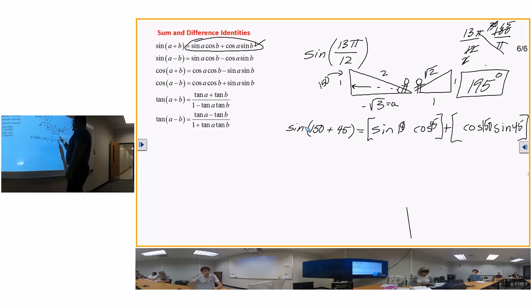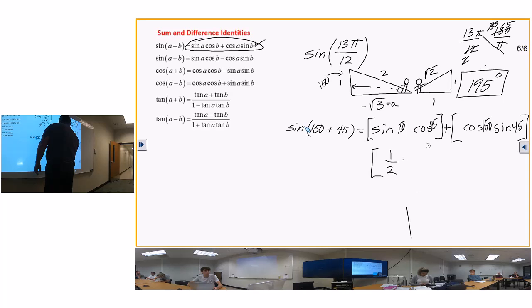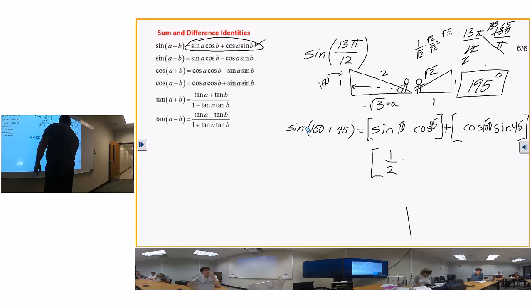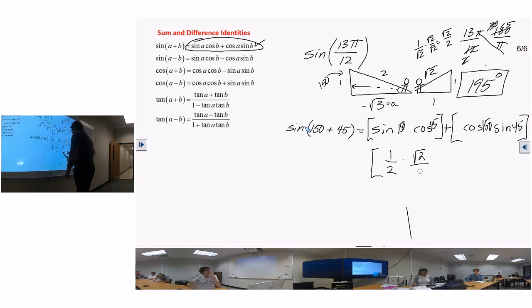Okay, so the sine, that'd be 1 over 2, times the cosine of 45. Cosine, Oscar had a hump. 1 over square root of 2. Well, 1 over the square root of 2, we can't write it like that. Multiply by the square root of 2 over 2, and that's equal to square root of 2 over what? 2. So the square root of 2 over 2.